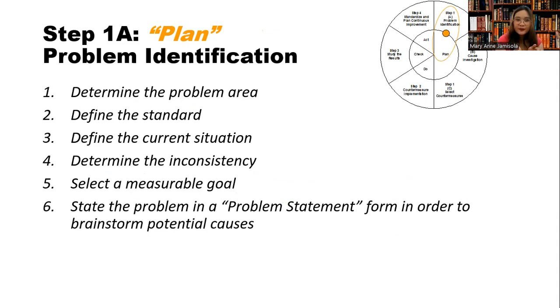What is the status quo? Determine the inconsistency between the current situation and what is required by the standard, if there is inconsistency. Select a measurable goal. State the problem in a problem statement form in order to brainstorm potential causes, right?